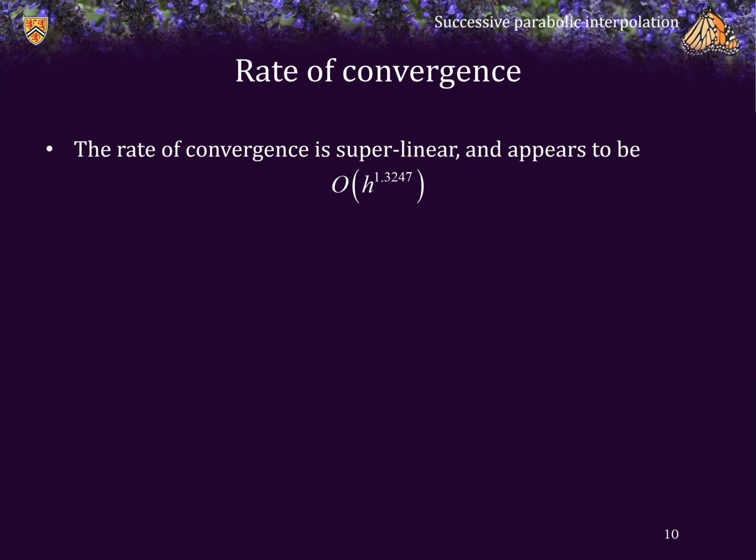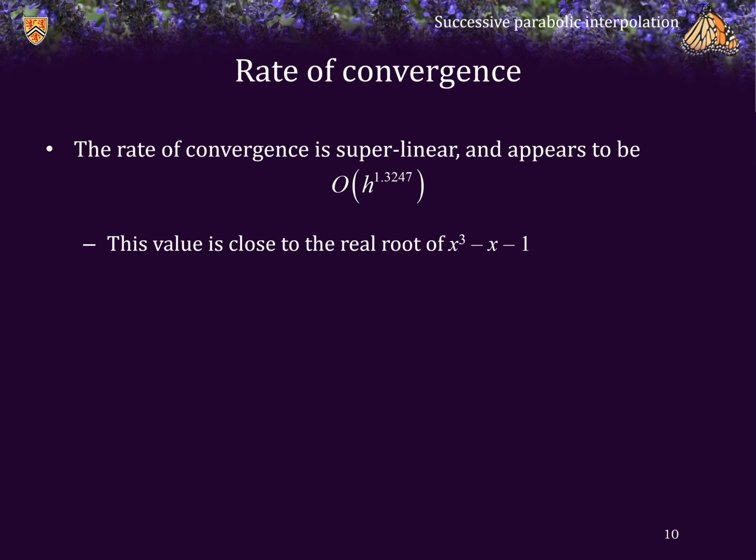The rate of convergence of this algorithm is superlinear and appears to be on the order of h to the 1.3247, where h is the error of the previous most recent estimate.